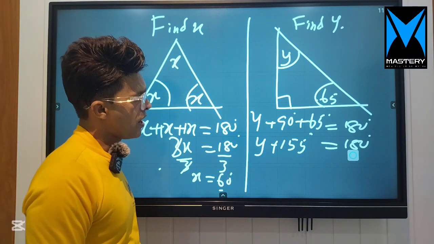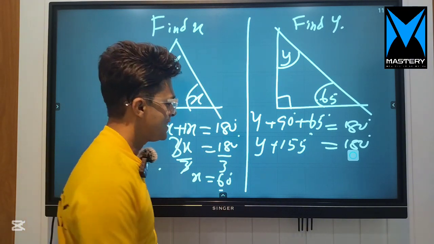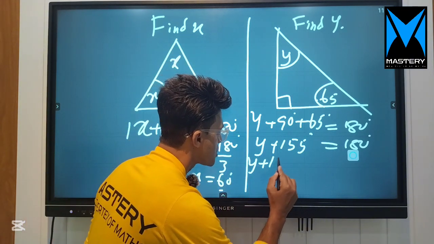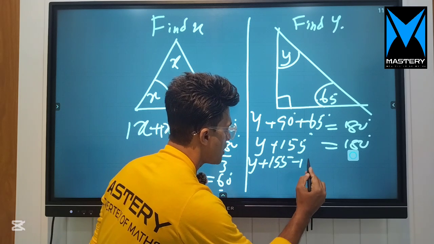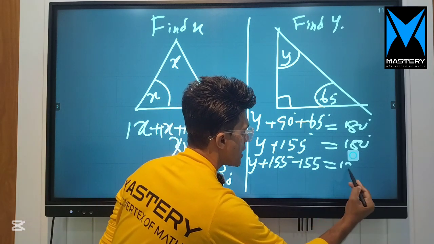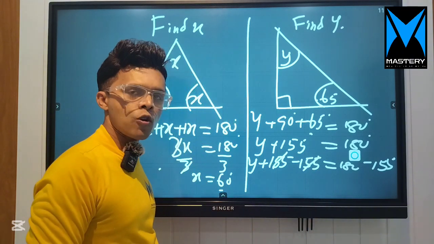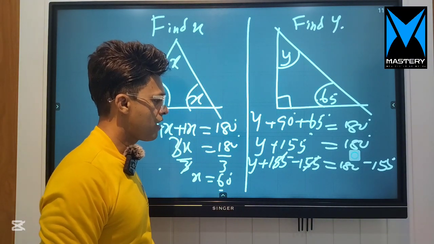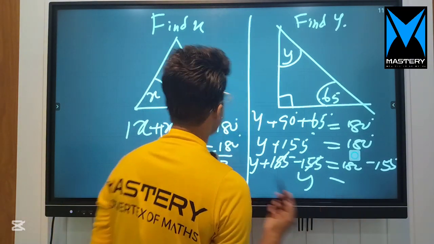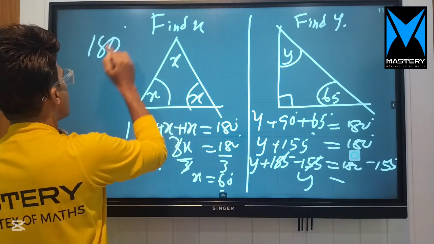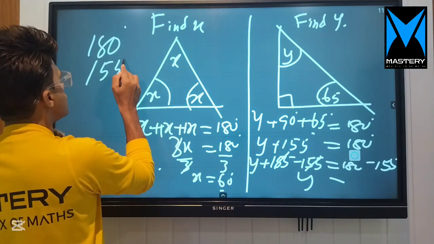Now to get the value of y, from both sides we subtract 155. So plus 155 and minus 155 cancel out, leaving 180 minus 155.